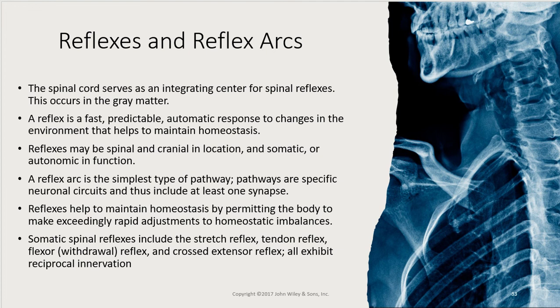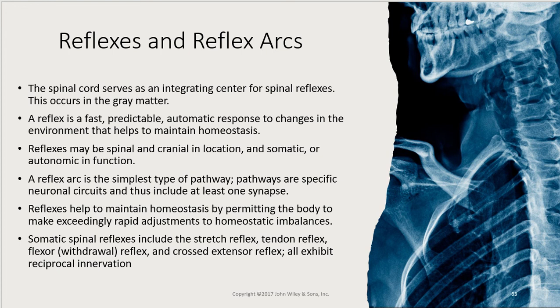Reflexes may be spinal or cranial in location, as well as somatic or autonomic in function. So a reflex arc is going to be the simplest type of pathway. These pathways are specific neural circuits and are therefore going to have at least one synapse.